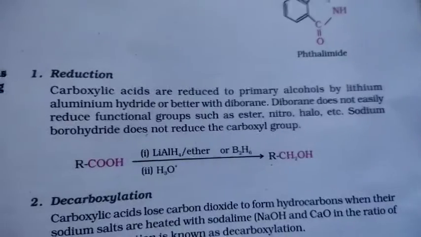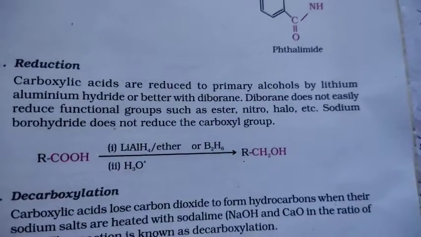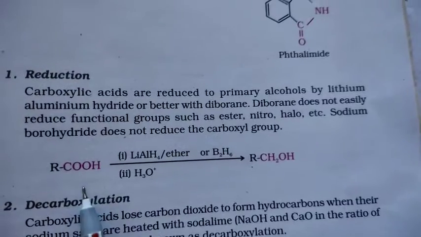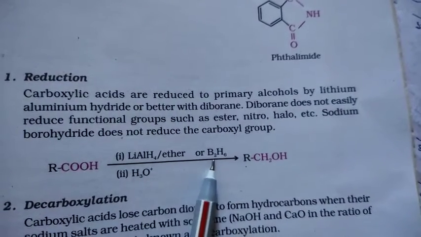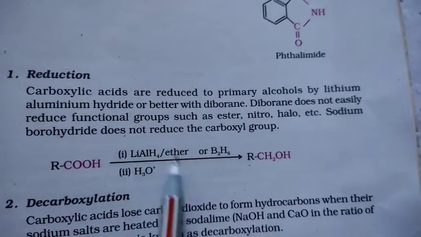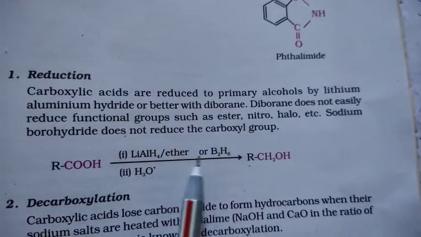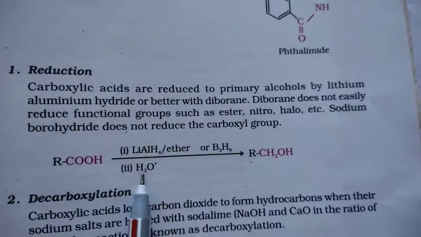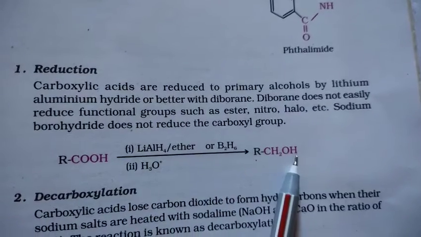Let's talk about the reduction of carboxylic acid. What happens when a carboxylic acid is reduced? What product is formed? When carboxylic acid is reduced in the presence of lithium aluminum hydride in ether, or in place of that you can also use diborane, you will get the respective alcohol.